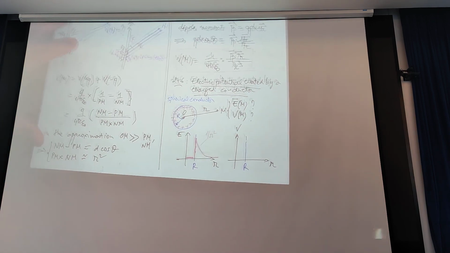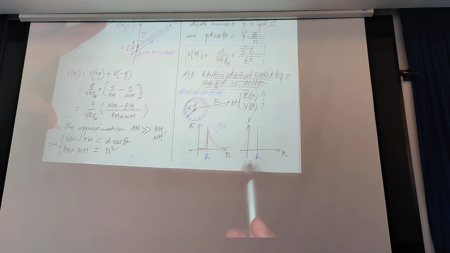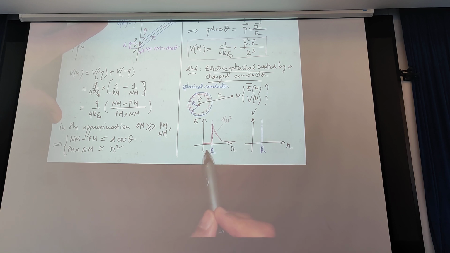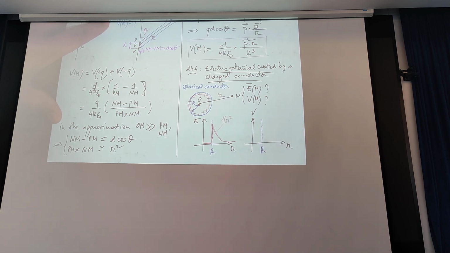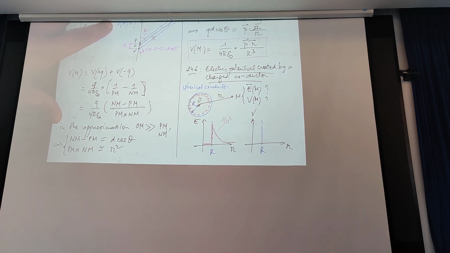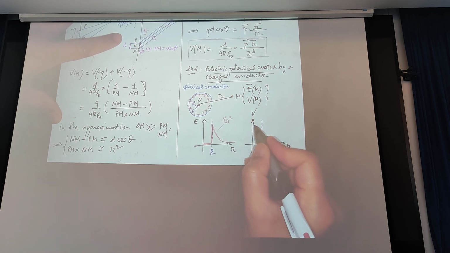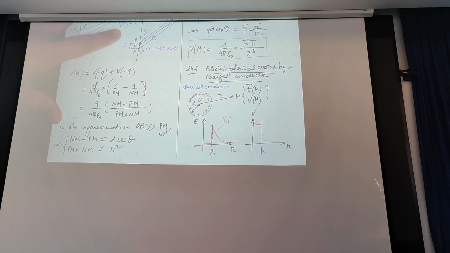Now, because the electric field inside the conductor is equal to 0, that means that the potential inside is equal to the potential at the surface of the conductor, right? So the potential should be something like this.